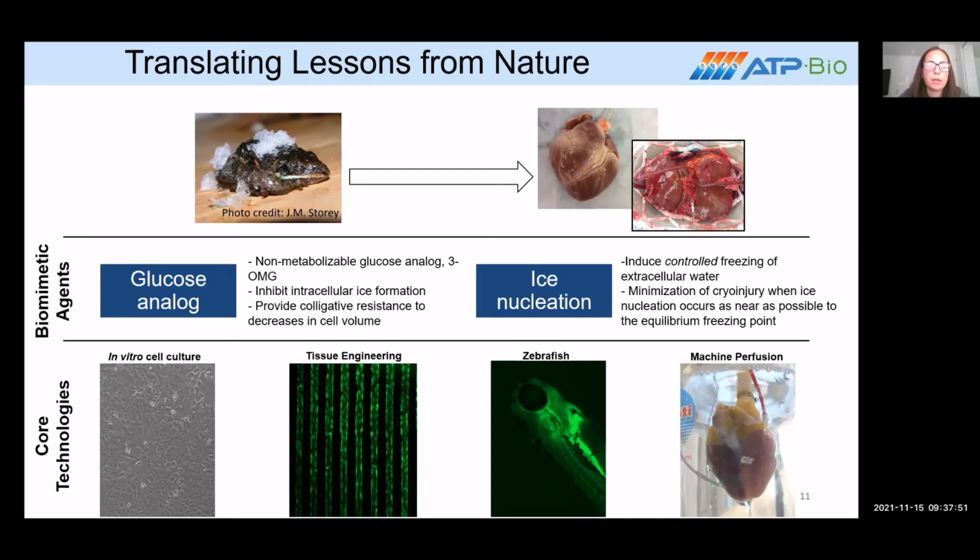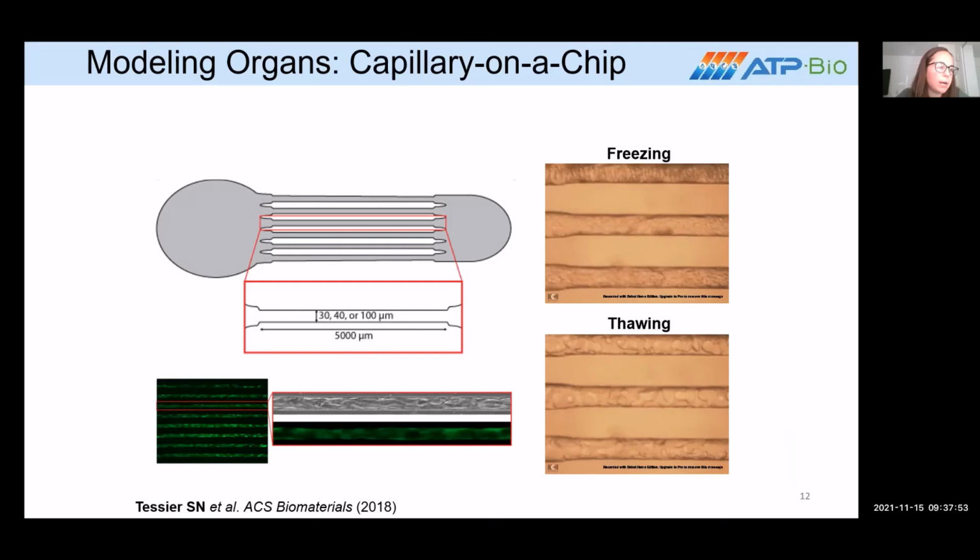The first is we like to model cryopreservation approaches using this capillary on a chip device. This was particularly important for partial freezing because, as I mentioned, we want to initiate ice formation outside but maintain intracellular ice formation at 0. This is just a basic PDMS device.